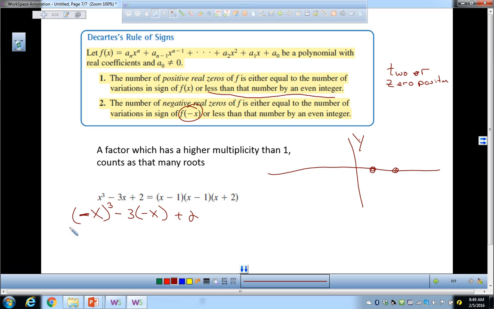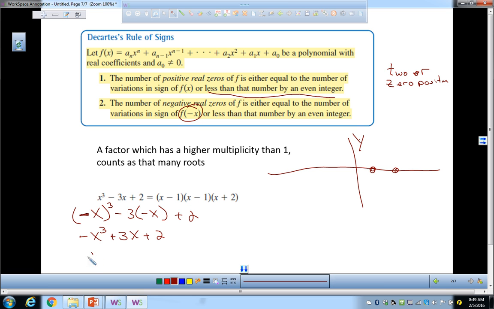Don't worry about this yet. We're just looking at this side of the equation. When I cube negative x, what do I get? Negative x cubed. Negative 3 times negative x makes 3x, and 2 just stays 2. How many changes in sign do I have here? 1.